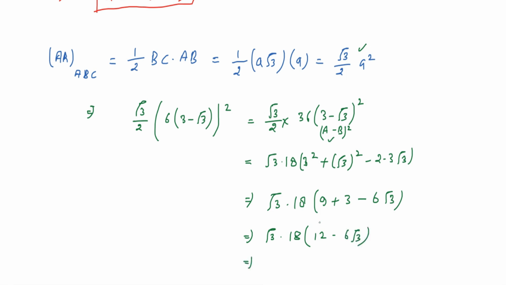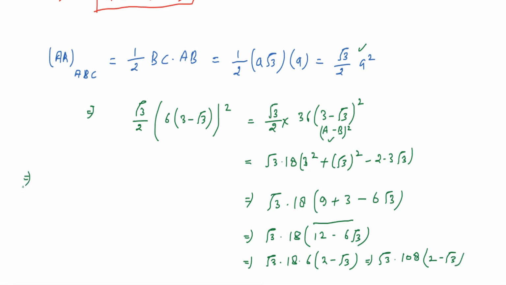So if we take 6 common from this bracket, the resultant will be square root of 3 times 18 multiplied by 6, and it will look like 2 minus square root of 3. So after simplification, we will have square root of 3 times, and 18 times 6 will be 108. Further we will have 2 minus square root of 3.